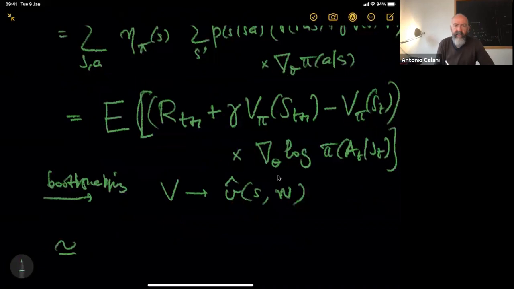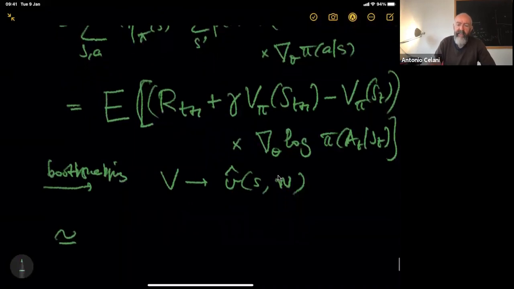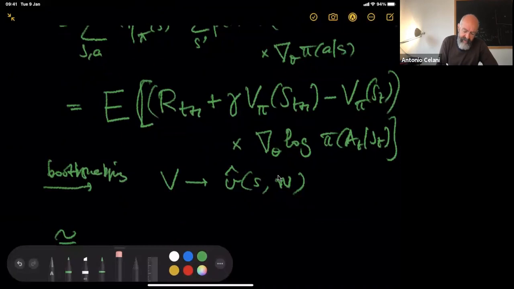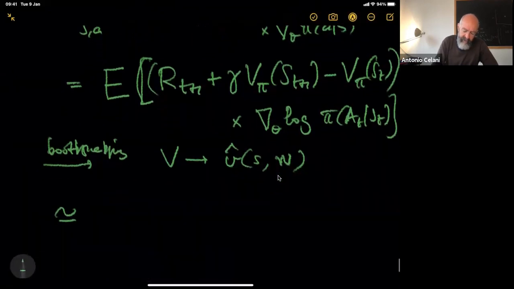Okay. So if we do that, now I have to put not an equality because I'm doing an approximation, but if the approximation is good, I expect this to be valid. This is, sort of sloppily, the expectation of what?